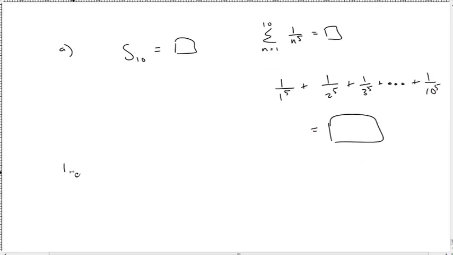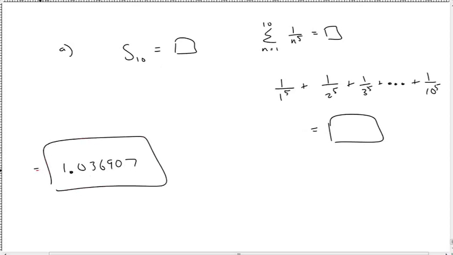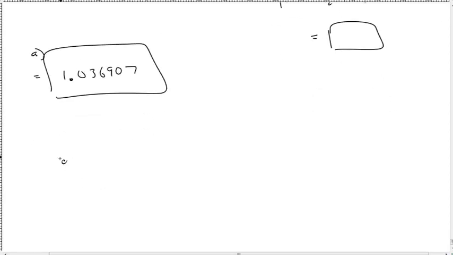This number is actually super important for later: 1.036907. 6 decimal places is safe. That's your part A. Hang on to it.